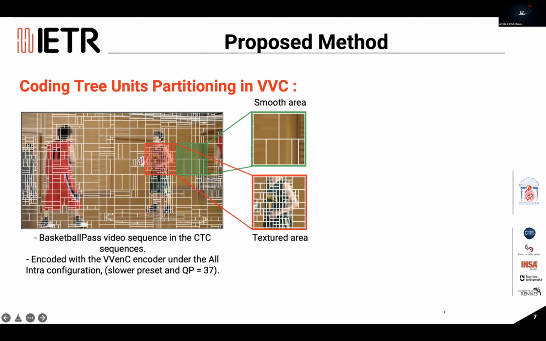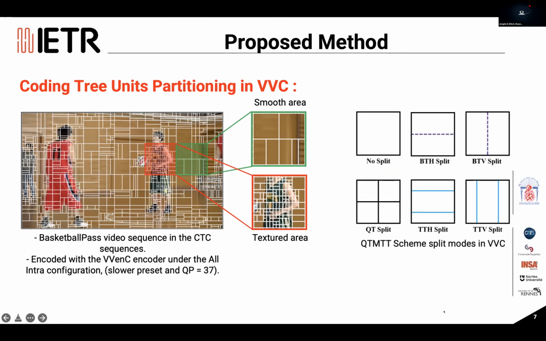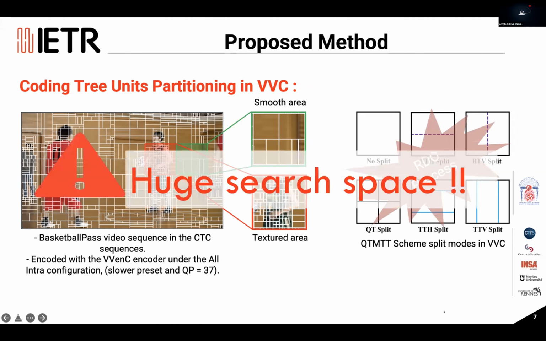But the problem here is how to select the optimal split for each coding unit. To do so, the encoder tests all the possible splits: the no split and the other possible splits of the quad-tree with nested multi-type tree scheme of VVC, using an exhaustive search process called rate distortion optimization, which presents a huge search space and a time-consuming process.